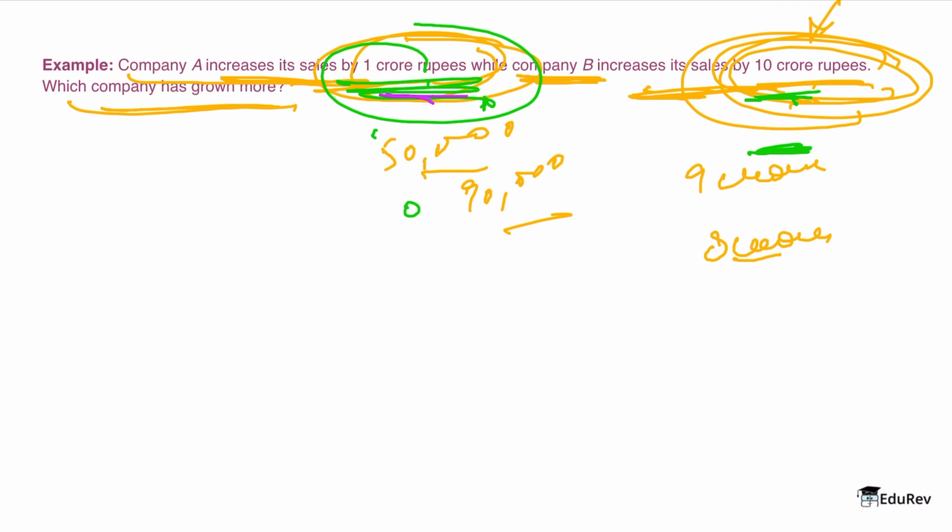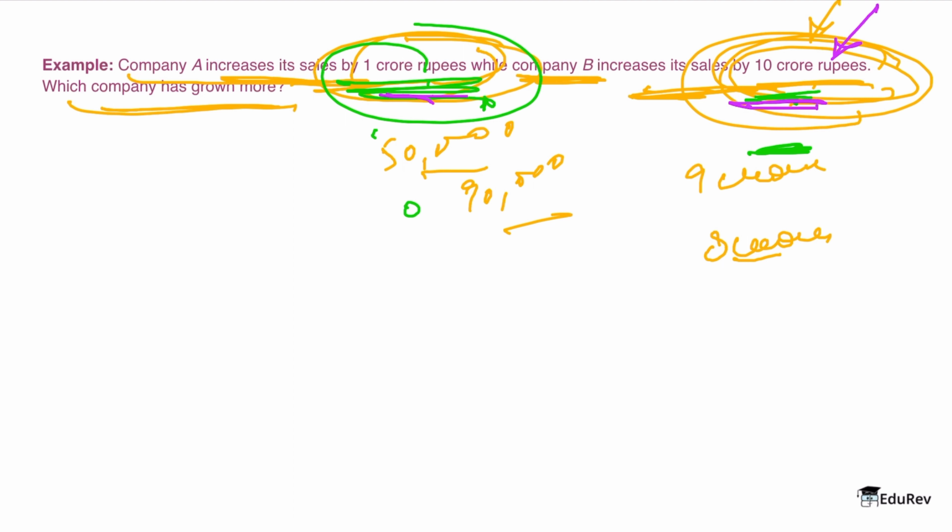So given the fact, I could say that it's company A that has grown 100%. Hence company A has a higher growth rate, even though in terms of absolute value increase of sales, company B is actually the one that is doing much greater things. So I cannot compare without getting more information or without making clear what my standards here really are, like what's the baseline I'm dealing with in this.